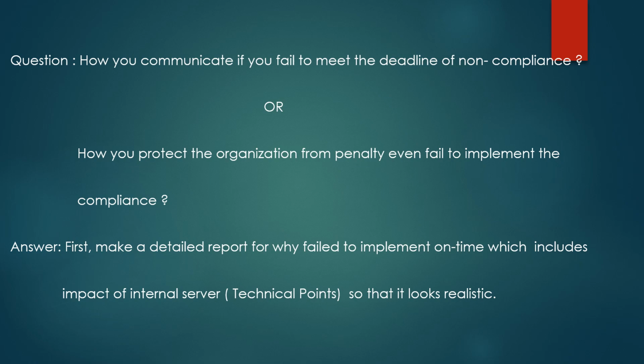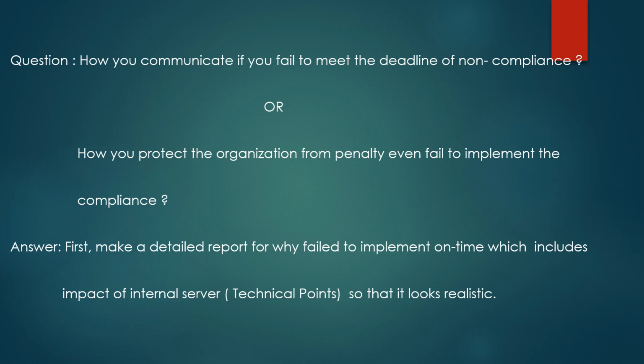Coming to the next question, very important. This is generally asked of candidates with less than 10 years of experience. This is about a general failure of implementation, or if you need some more time from the regulators for proper implementation, maybe due to some reason. So the question is: how do you communicate if you fail to meet the deadline for resolving a non-compliance?